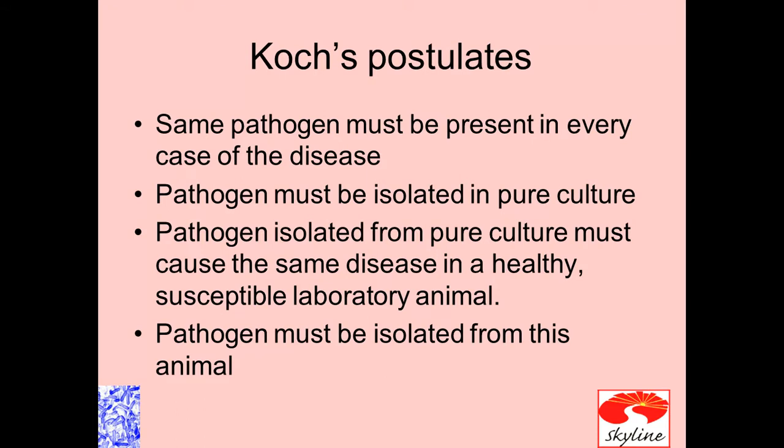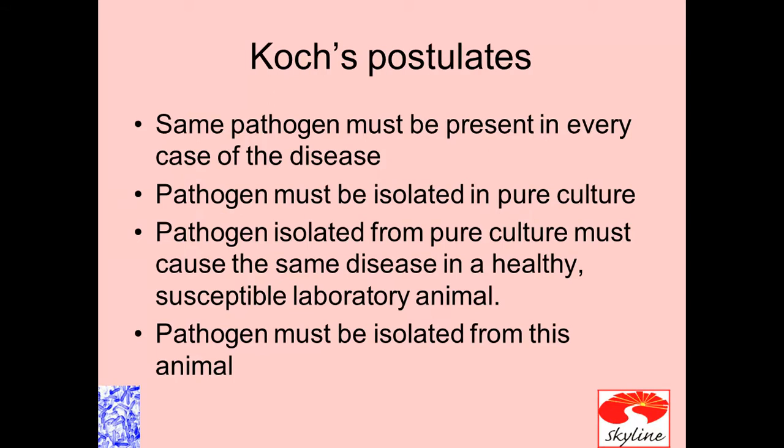In the lab, the pure culture will be grown, and if the pure culture is inoculated to a healthy, susceptible host, we expect that the infection present in the original carriers should also be produced by the inoculated animal.